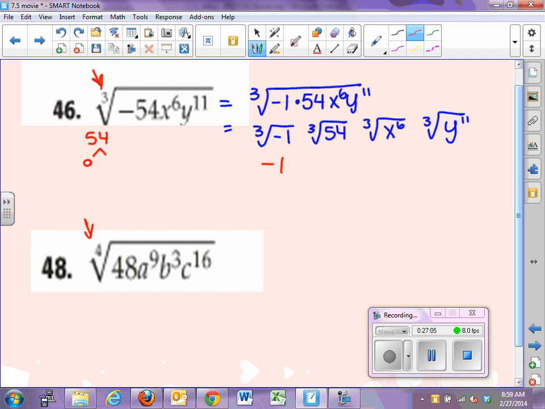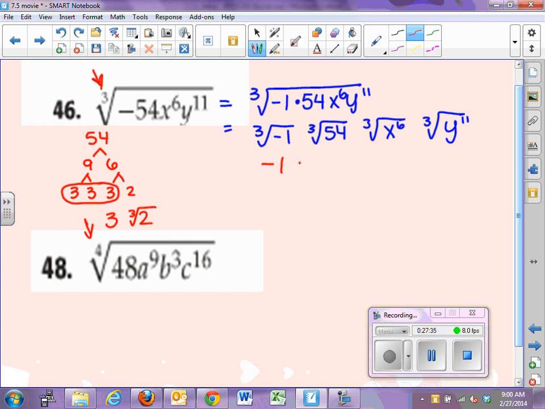Well, I know 54 is 9 times 6, and I know that 9 is 3 times 3, and 6 is 3 times 2. Now that the root is 3, I need 3 numbers to match in order to pull one out. So I propose this is going to be equal to 3 times the cube root, you always leave the root the same, of 2.